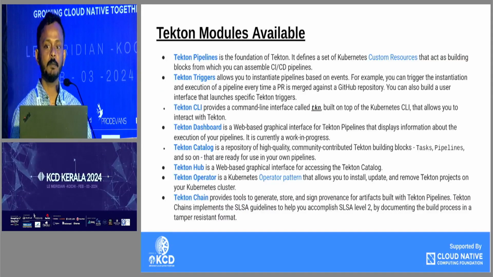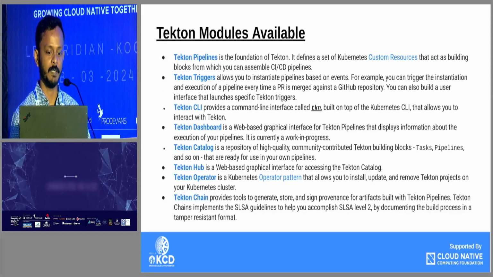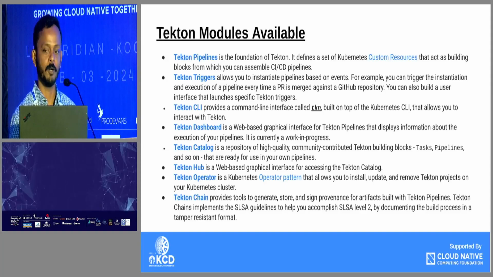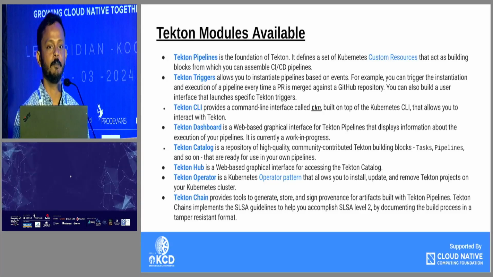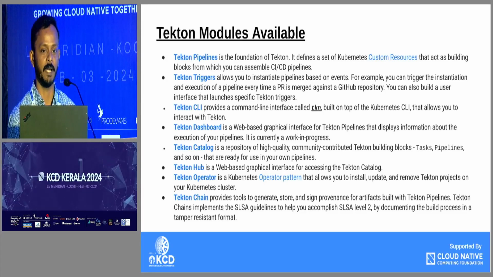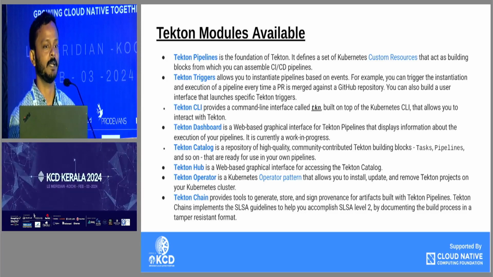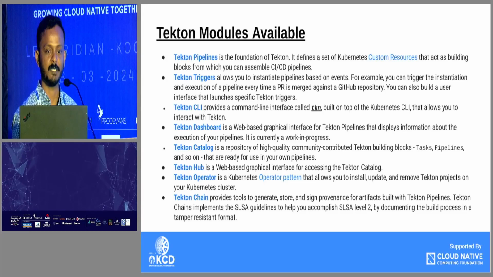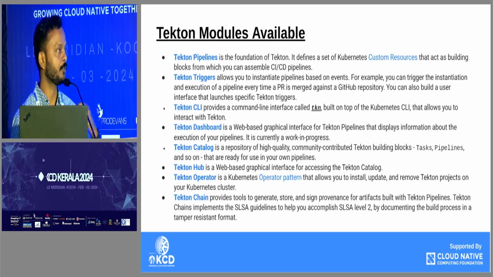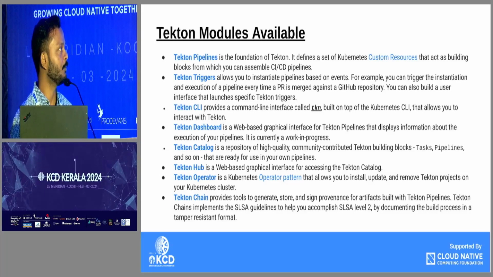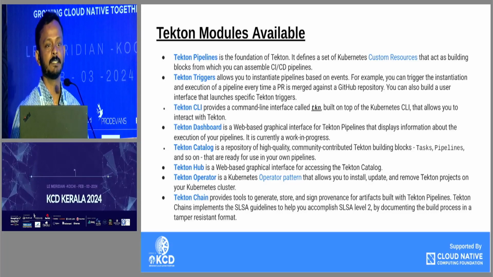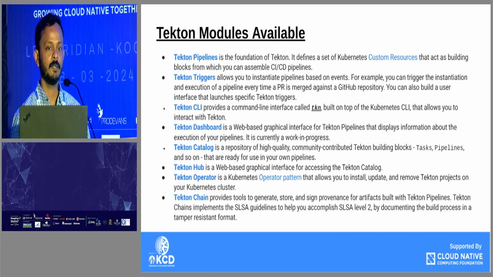So these are the basic modules which are supported by Tekton as of now. Tekton Pipelines is the basic foundation which is used to develop the steps, tasks, pipelines, the entire CI/CD, custom resources. So that would be the base model here. Then, in order to support pipelines, we have multiple modules available. Triggers is one of the most important components.